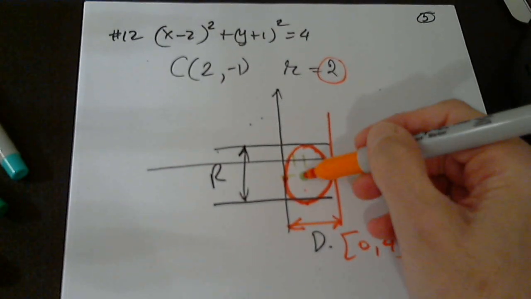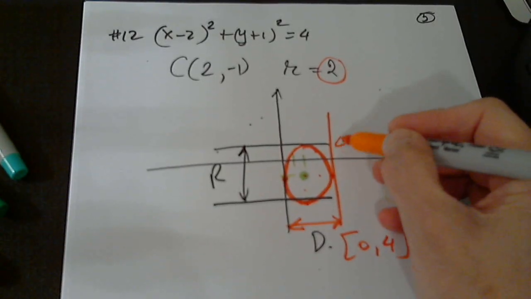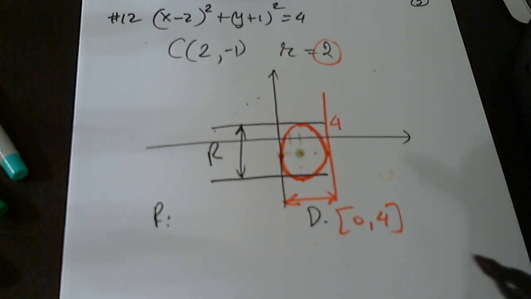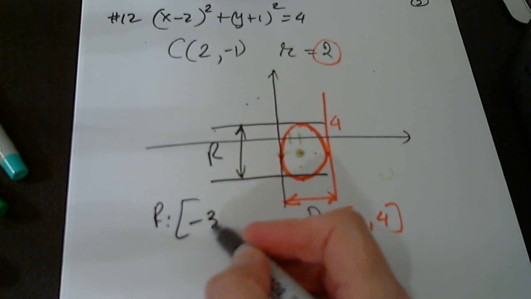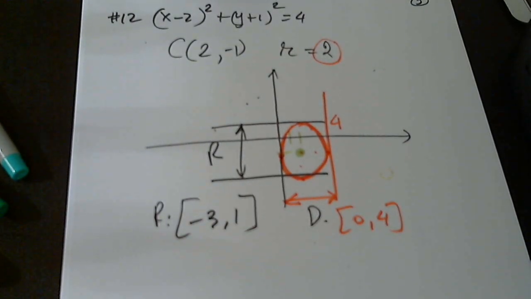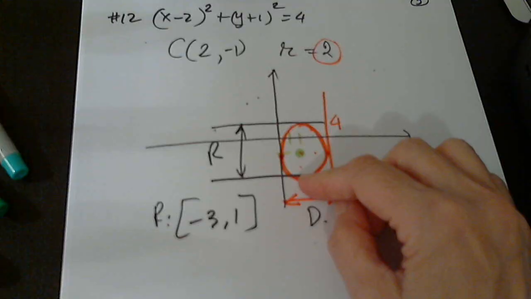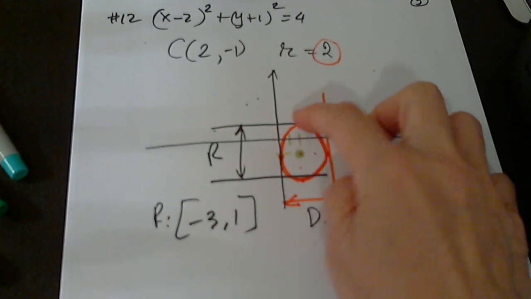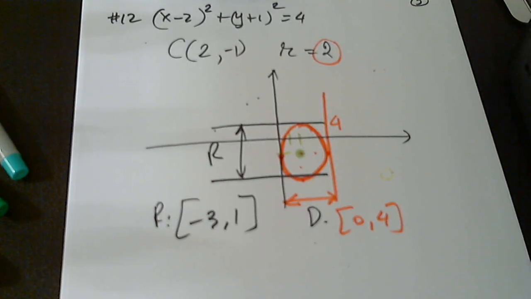From 0, this is 2 plus 2, 4. Perfect. And now the range, -3, 1. Very good. -3, comma 1. Excellent. So this is -1 plus 2. I mean, further down to -3. And this is 1 and 1. Indeed. Excellent. Perfect. Good.